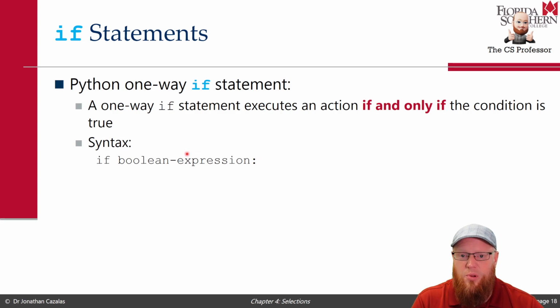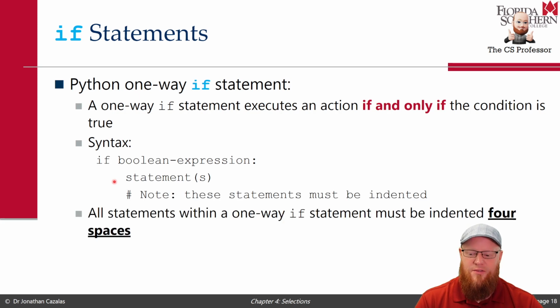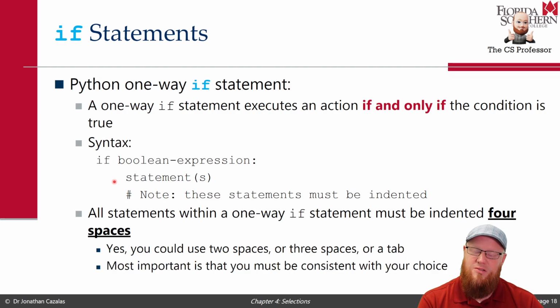And if that Boolean expression is true, we will perform these statements. And notice that this has to be indented right here. And I will tell you it has to be indented exactly 4 spaces. You could use 2 spaces, you could use 12 spaces, but you'd have to, number 1, be consistent. But number 2, the Python style guide says use 4 spaces. You want to use 4 spaces.